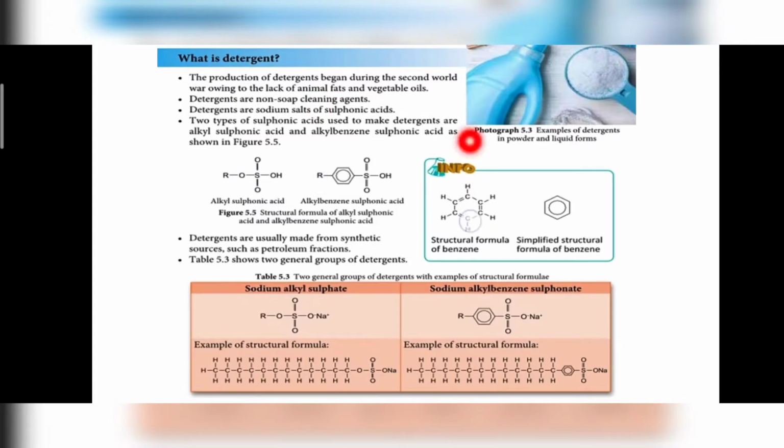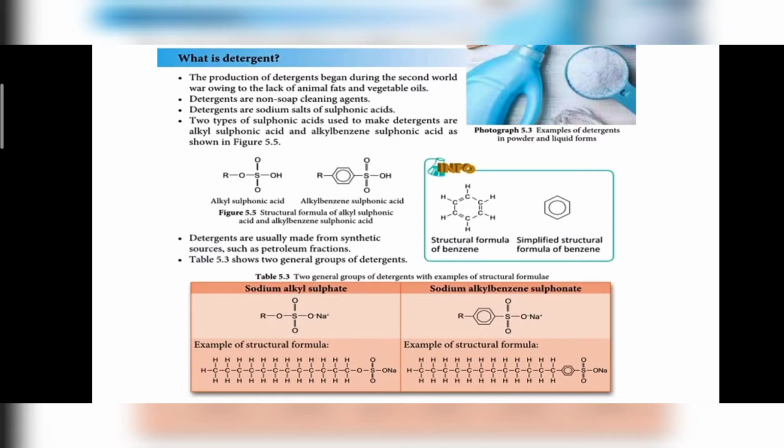So ini adalah structural formula of benzene. Dia bentuk ring kan. So yang ini adalah dia punya simplified structure untuk benzene, so that's why di sini kita ada letak dia punya ring structure. Detergents are usually made from synthetic sources such as petroleum fractions.